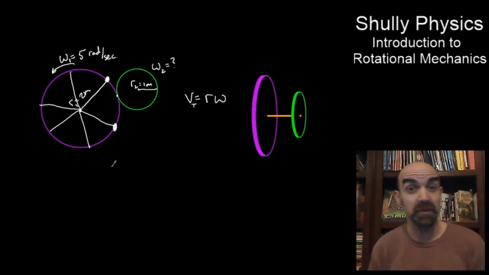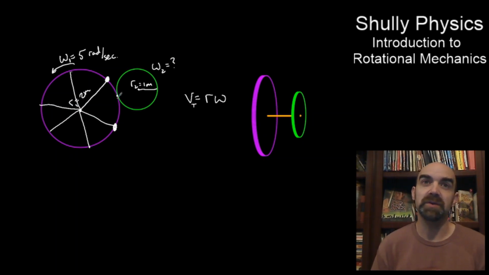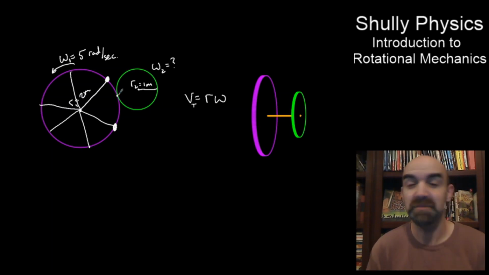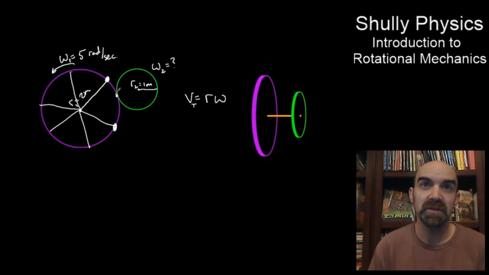All right, it's not too hard. But what you do need to know is, what is the connection between these two? The connection is their edge. You see, the purple wheel, wheel number 1, its edge at that point is moving in this direction with a certain velocity. Guess what? That's where the wheel number 2 touches also.